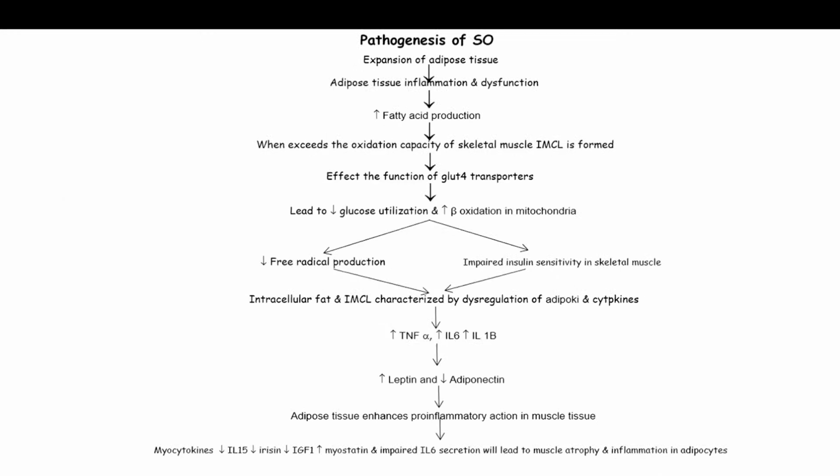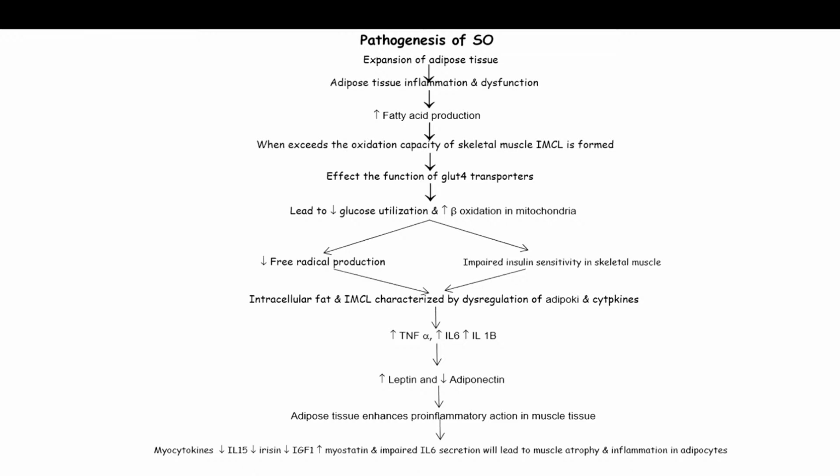This is how the whole thing starts. There is expansion of adipose tissue, inflammation and dysfunction, and increased fatty acid production. When this exceeds the oxidation capacity of skeletal muscle, there is deposition of fat in the muscle, and the effect on function of the GLUT4 transporter leads to decreased utilization and beta oxidation in mitochondria, leading to free radical generation, impaired insulin sensitivity in skeletal muscle, intracellular fat deposition, increased TNF alpha and leptin, and decreased adiponectin.